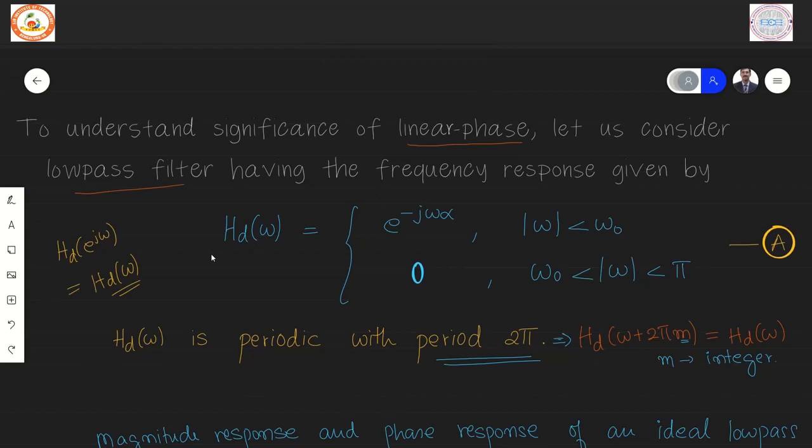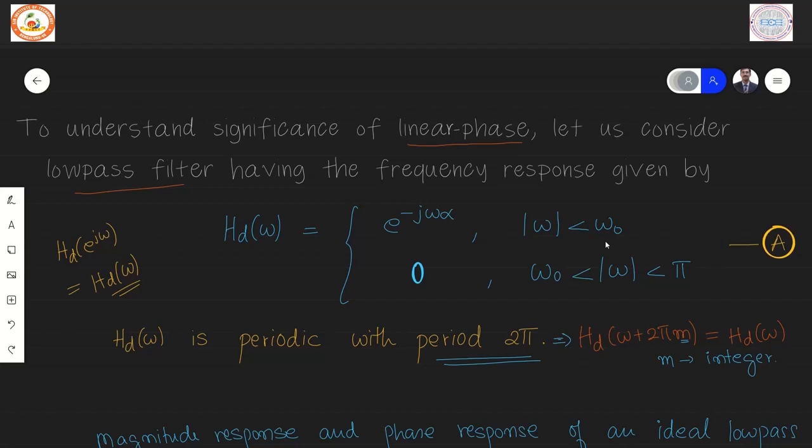Now to understand the significance of linear phase, let us consider a low pass filter having the frequency response given by Hd of omega, which is equal to e to the power of minus j omega alpha for magnitude of omega less than omega naught. Now omega naught is assumed to be a certain cutoff frequency.